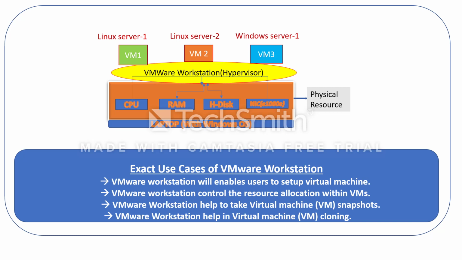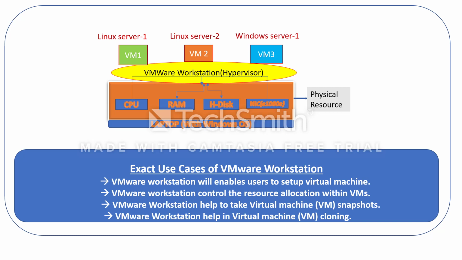So it will take from your laptop what the resource is having and how much resource you want to give to this virtual machine. So number of CPU, amount of memories and hard disk and network interface card which will help you for networking purpose. So guys, third use case, you can see VMware Workstation help you to take virtual machine snapshots.